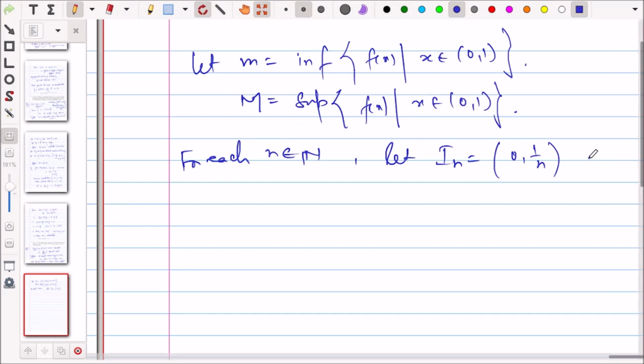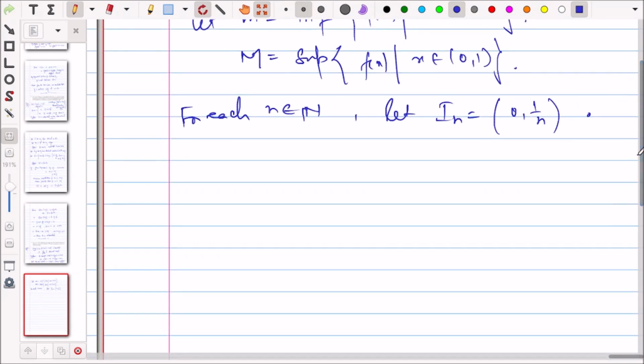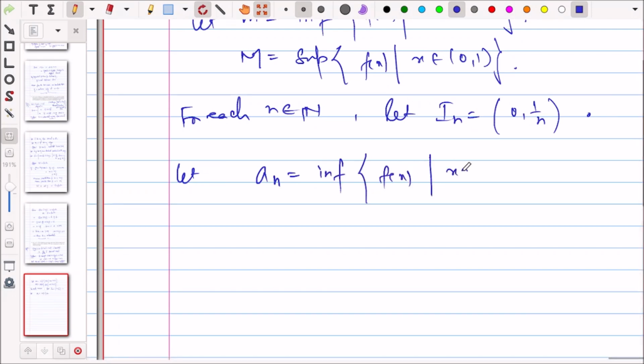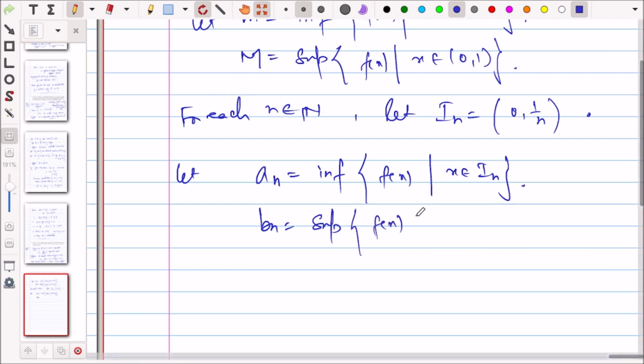Now we will define two different sequences. Let an equal to the infimum of f(x), x belonging to In, and bn equal to the supremum of f(x), x belonging to In.